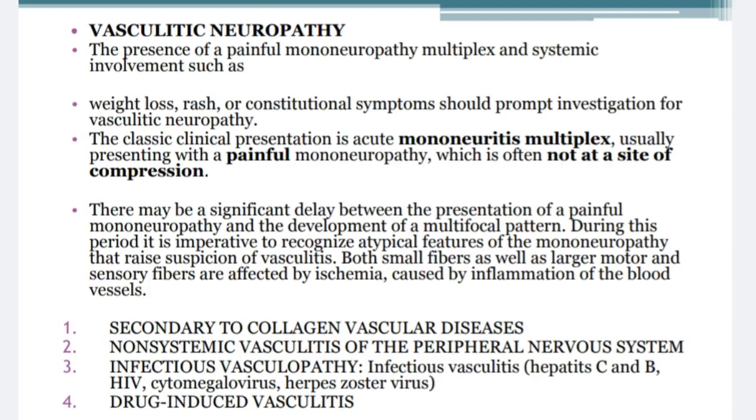Types of vasculitic neuropathies. First, secondary to collagen vascular disease. Second, non-systemic vasculitis of the peripheral nervous system. Third, infectious vasculopathy, like infectious vasculitis caused by hepatitis C and B, HIV, cytomegalovirus, herpes zoster virus, and drug-induced vasculitis.